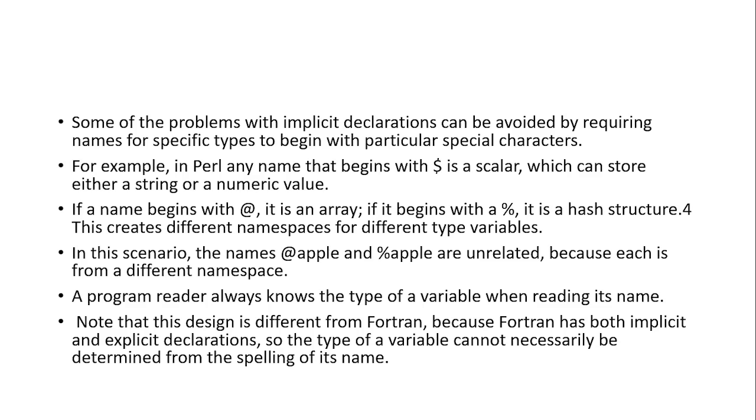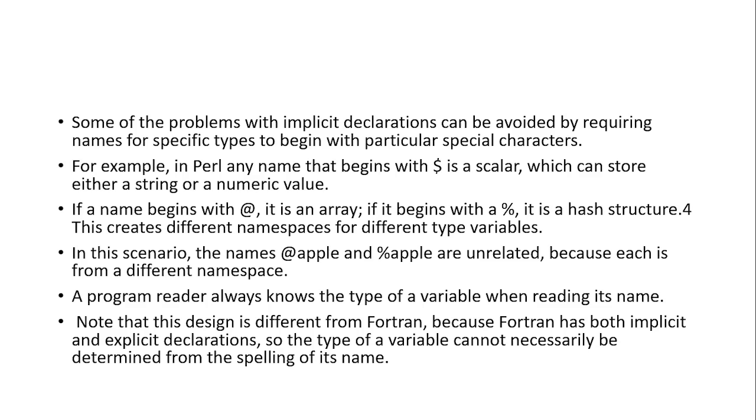Some of the problems with implicit declarations can be avoided by requiring names for specific types to begin with particular special characters. For example, in Perl, any name that begins with a dollar sign is a scalar, which can store either a string or a numeric value.